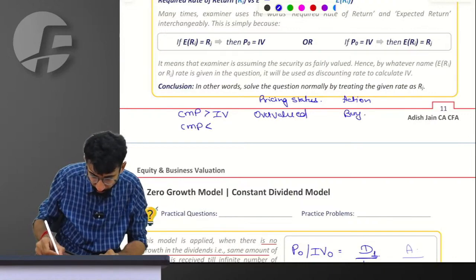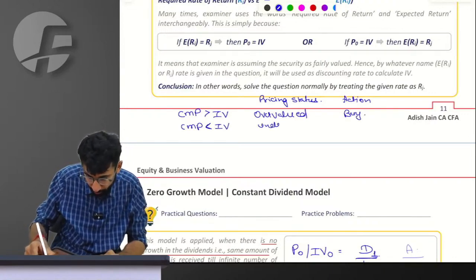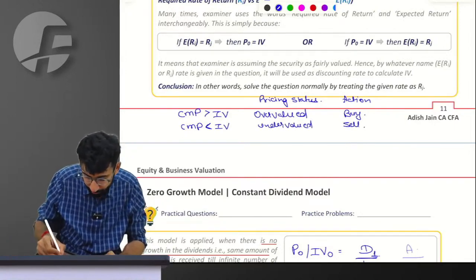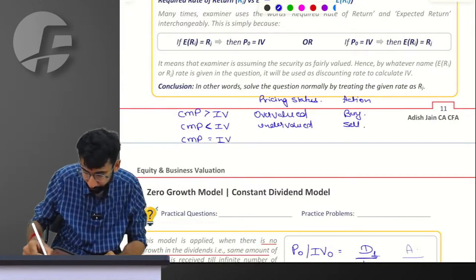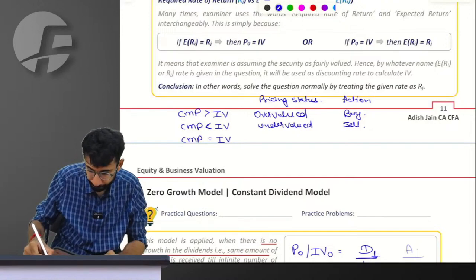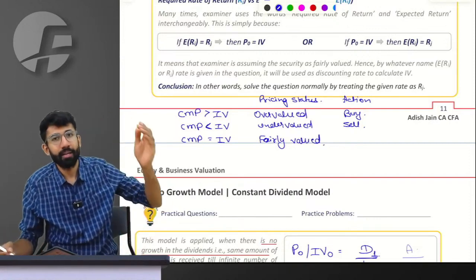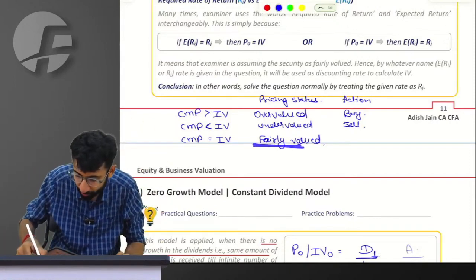If price in the market is less than how much it should be, then the share is undervalued, in which case we should buy it. And if both are same, the price in the market is same as how much it should be, which means the share is fairly valued.